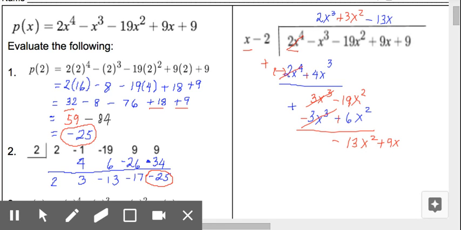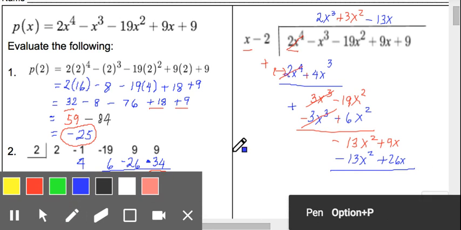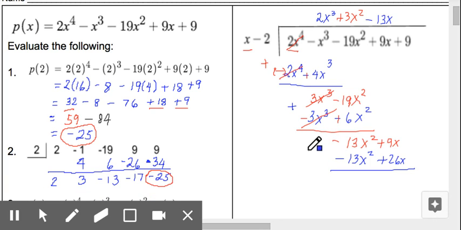After dividing, we multiply. Negative 13x times x is negative 13x squared. Negative 13x times negative 2 is positive 26x. Now, we know that subtracting is the same as adding the opposite.